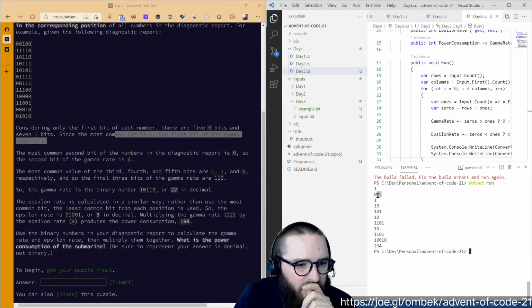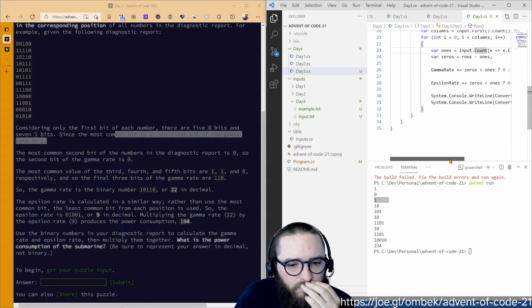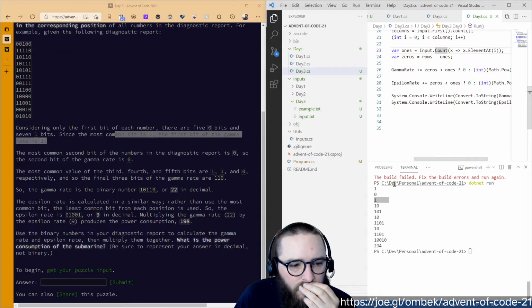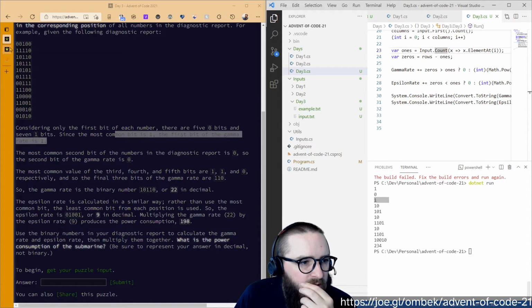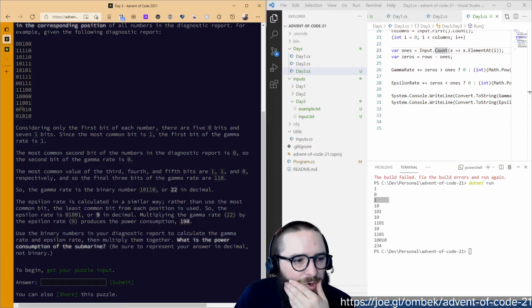Second bit of the gamma rate is 0. So the second bit is 1, 2, 3, 4, 5, 6, 7. My second bit is most commonly 0, so it's not added anything.